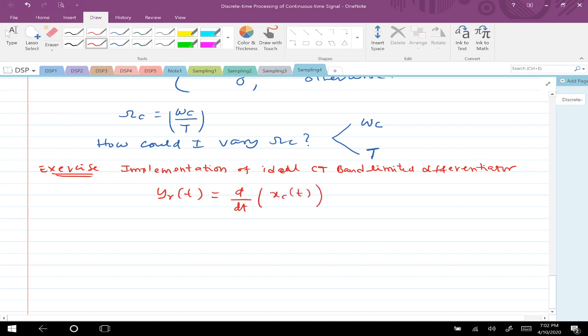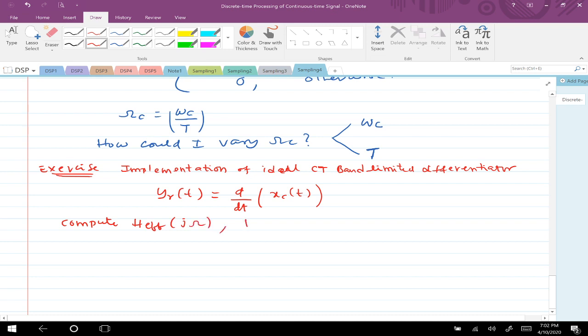This is the relationship I want. I want to achieve it through a discrete time system. To achieve this, I want you to compute what is the H effective of j omega of this system.